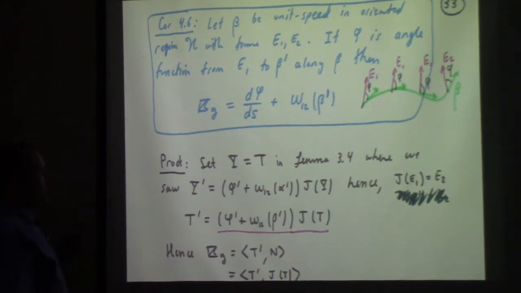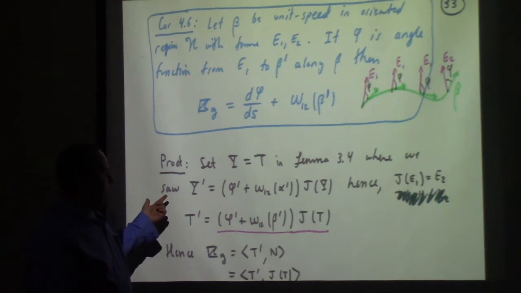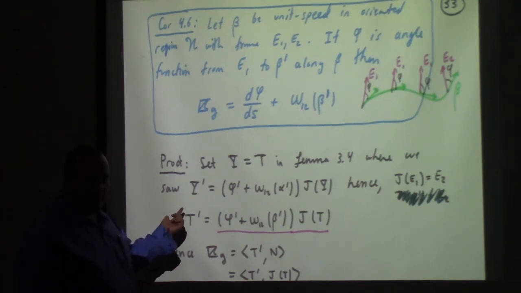So the velocity vector field is the unit tangent vector field T, because this is a unit speed curve.